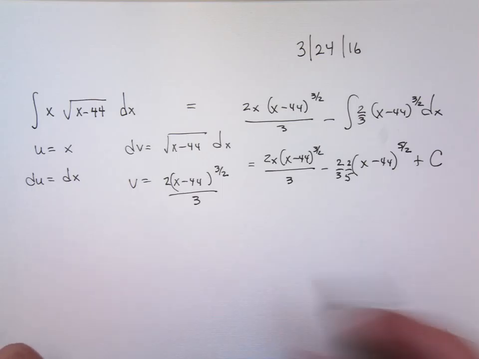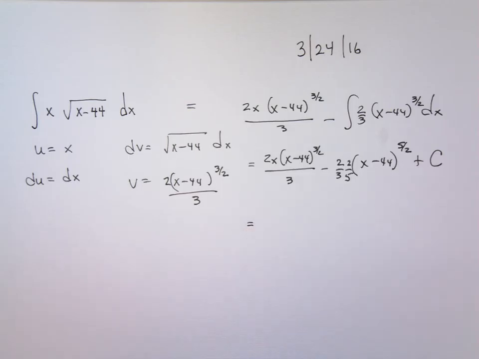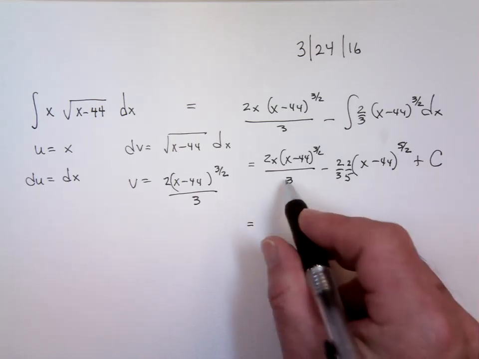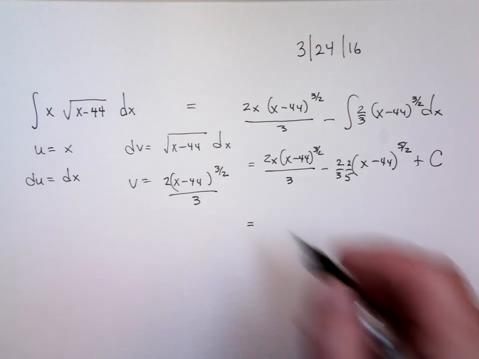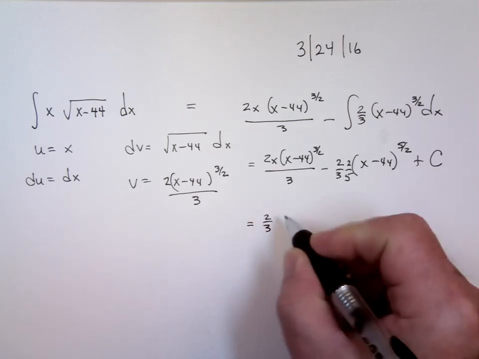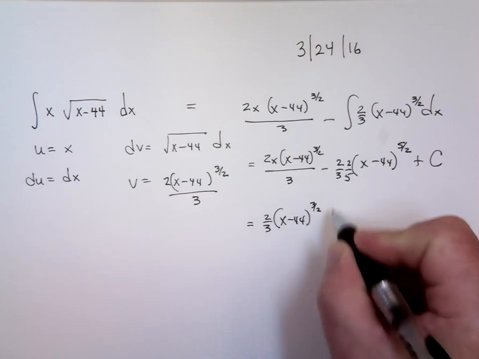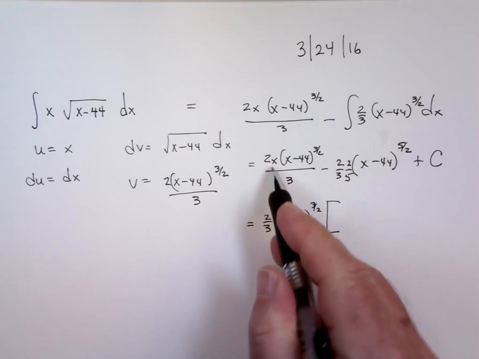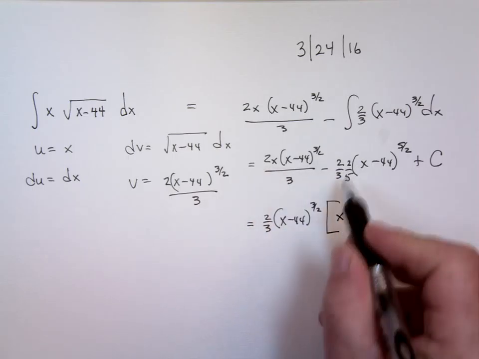Now, I don't know if they want you to put it in one fraction. If I'm not mistaken, they had a 7 as the denominator. Well, I can see how we could take a 2/3 out, and an x minus 44 to the 3/2 out. If you take those out, I'm left with an x minus 2/5.